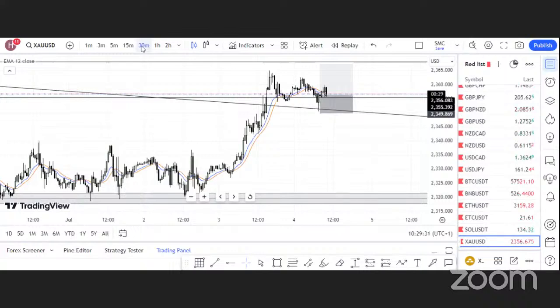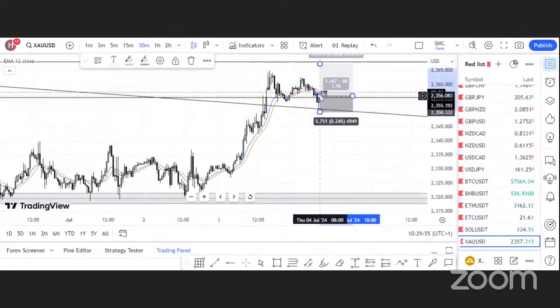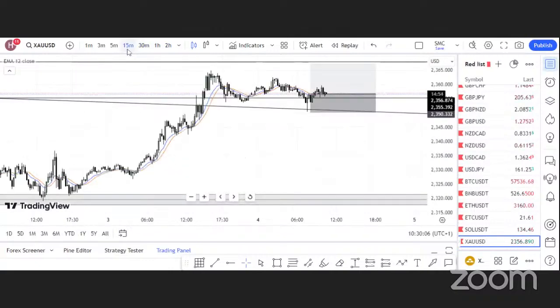So hopefully this candle closes with a small body above and a long wick below. All right, nice, nice, nice. All right, so the candle closed, and let's go to the lower time frame here.